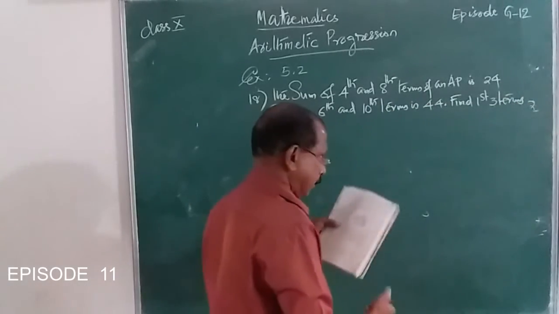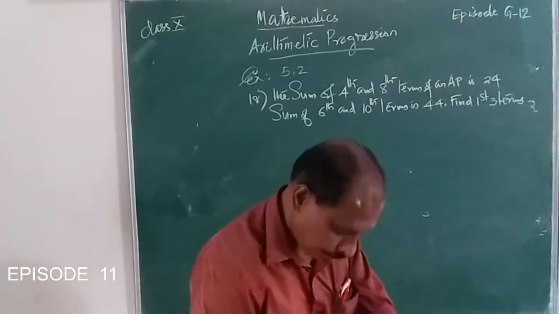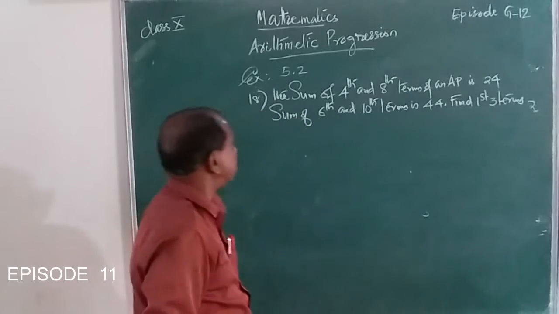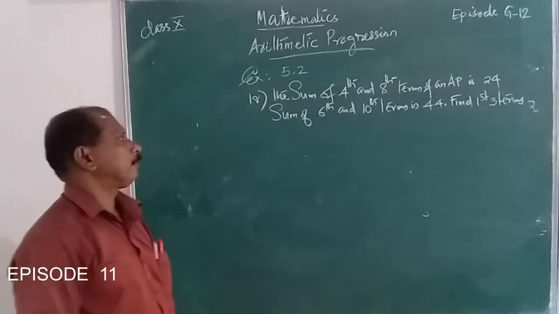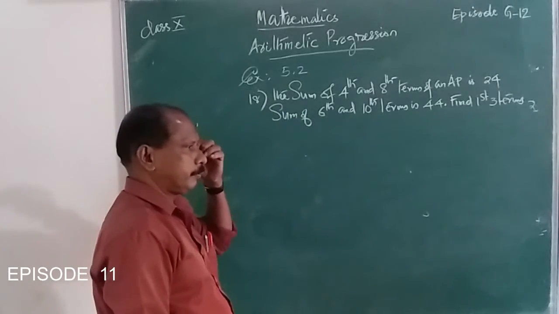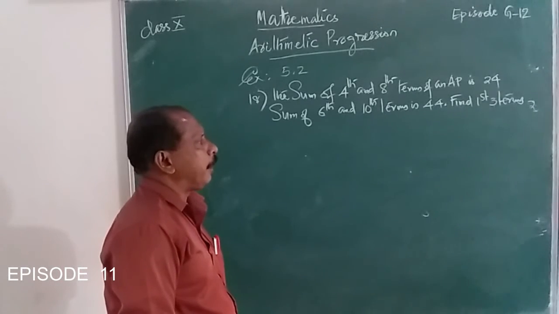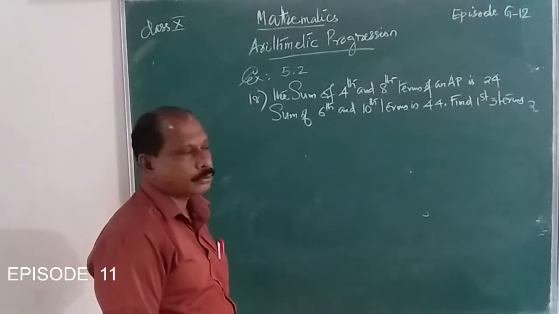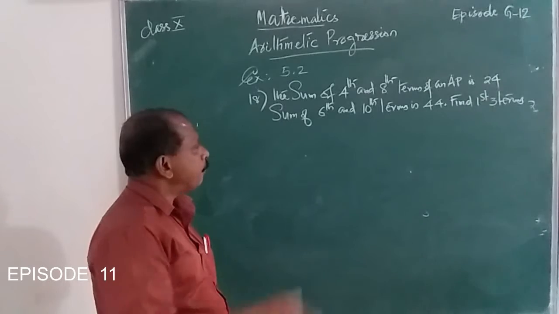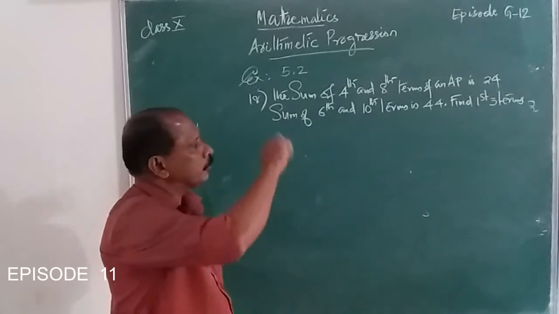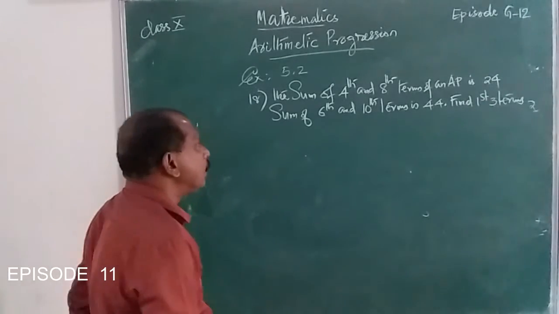Find the first 3 terms. Listen, what is the question? The sum of the 4th and 8th terms of an AP is 24. The sum of the 6th and 10th terms is 44. Find the first 3 terms.